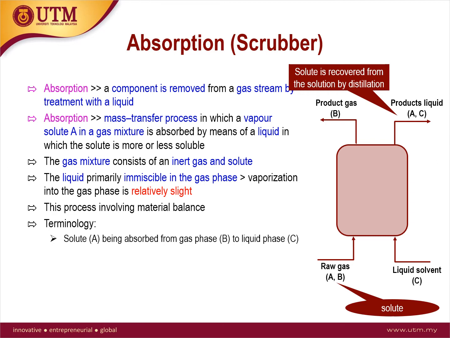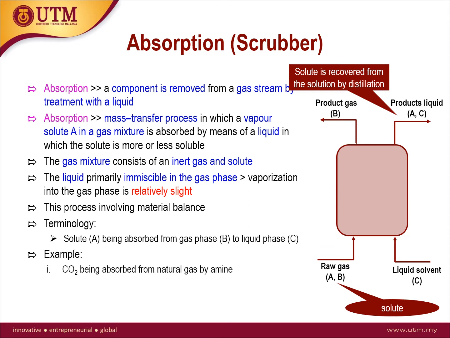The liquid solvent C that is enriched with the solute A is called an extract, that consists of component A and component C. You can see here the solute A is recovered from the solution by using the distillation mechanism.